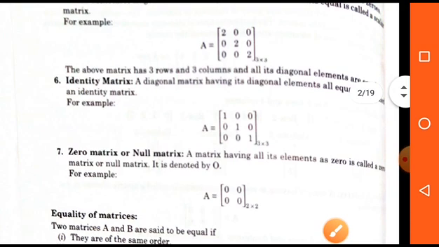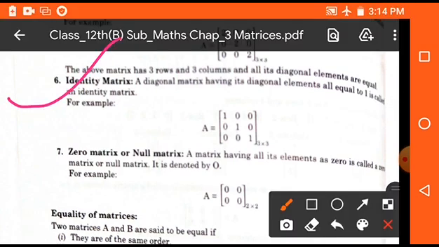Okay students. Now identity matrix. In the case of an identity matrix, diagonal elements should be 1 and other elements should be 0. So it is an example, A is equal to 1, 0, 0, 0, 1, 0, 0, 0, 1, and its order is 3 into 3.